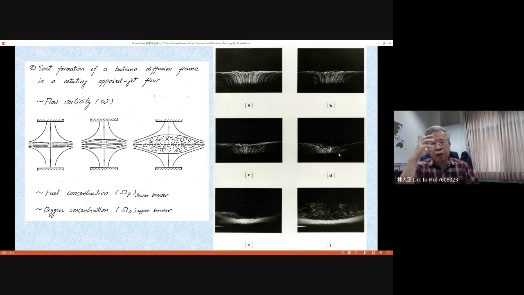When you do a long-term observation, you can see a pair. But while I took the picture, we do not see it, because at this instant there is no particle carried into the recirculation. Those kinds of flow visualization depend on whether we have particles inside the flow. Without particles, you cannot see the motion of your flow.